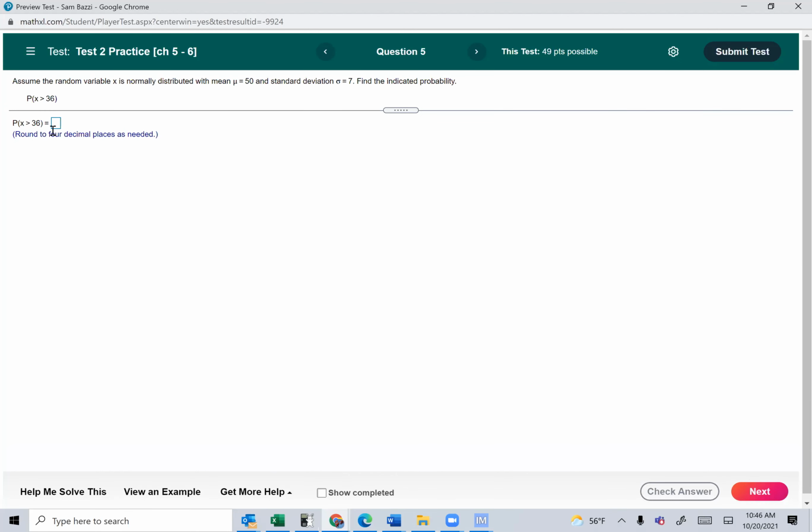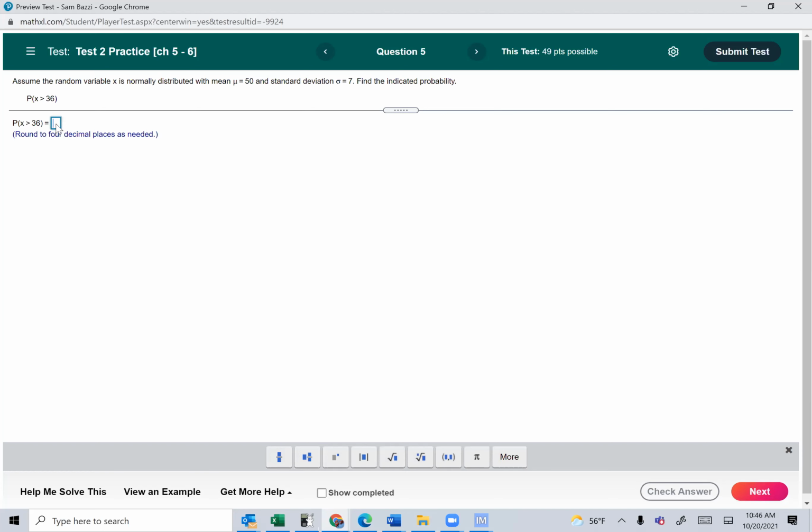What's the probability of x greater than 36? Would the students tell me what would be the 4 arguments here? Okay. What's the lower bound, guys? 36. Very good. Upper: a million. Yeah, you got it. That's it. And then 50, and then 7.